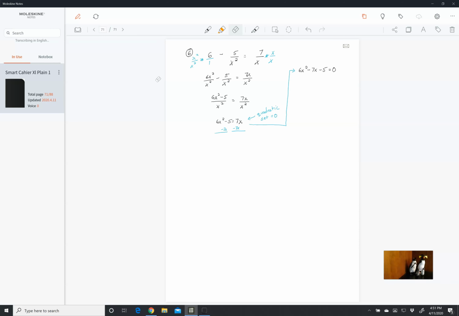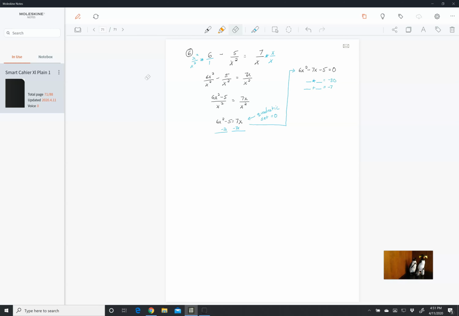And we're going to say, is this factorable? We're looking for numbers that multiply to negative 30 and add to negative 7.